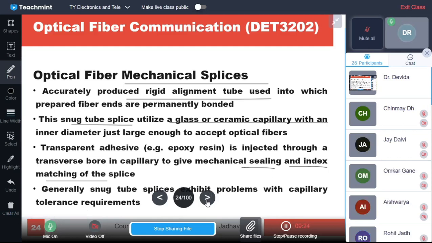Strength provision is there, sealing from dust and moisture is there, and index matching is there.